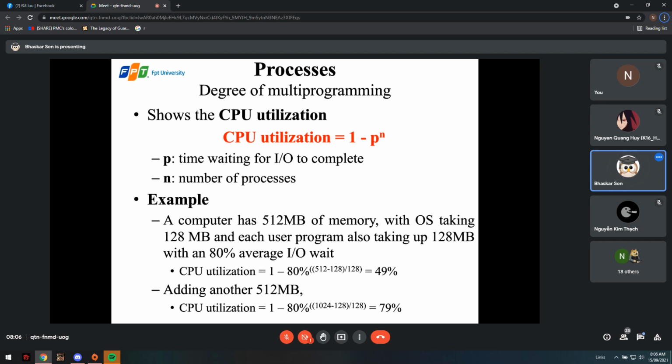Logically, extra RAM means more space on RAM. And more space on RAM means now you can accommodate more processes on RAM at the same time. More processes on RAM means more mouths to feed.